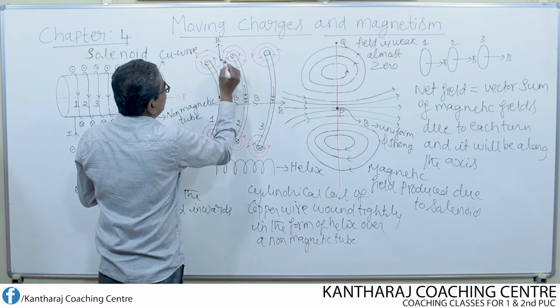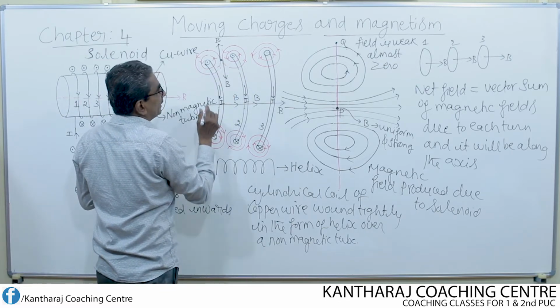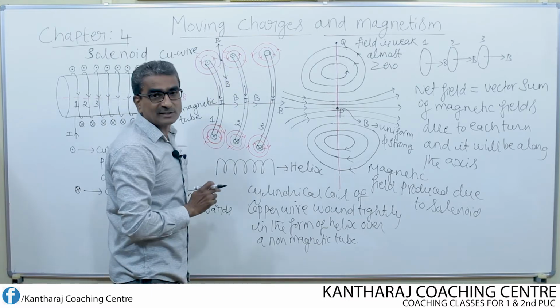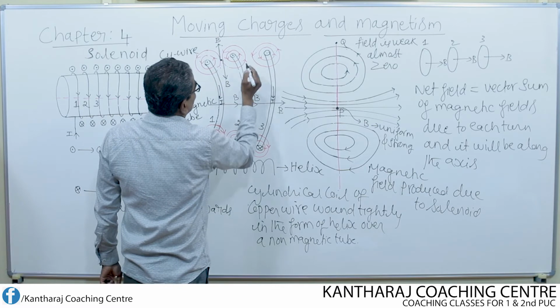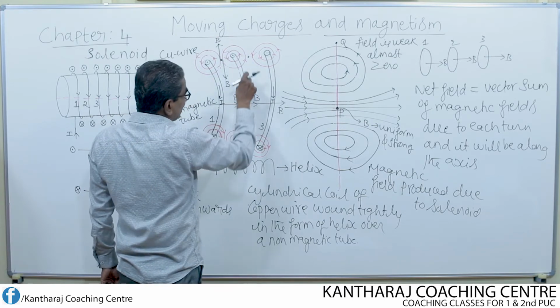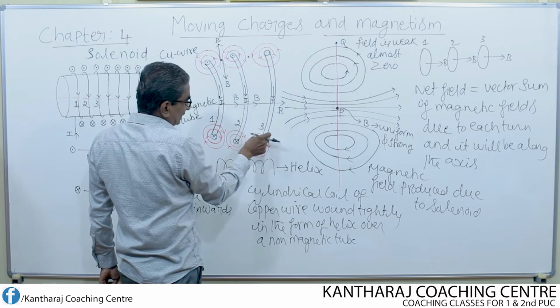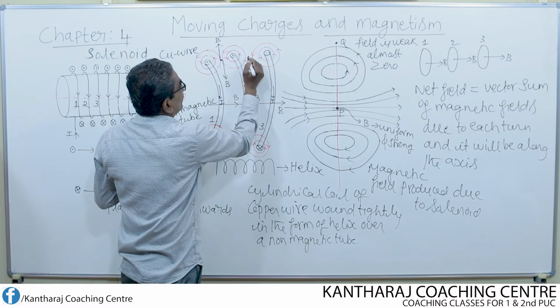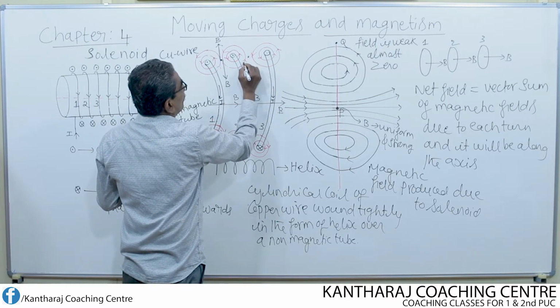Therefore, between any two turns, if you choose a point P, at that point the magnetic field cancels out. Find out the magnetic field similarly at this point, with respect to the second conductor and also the third conductor, between them you choose. What will be the magnetic field now?